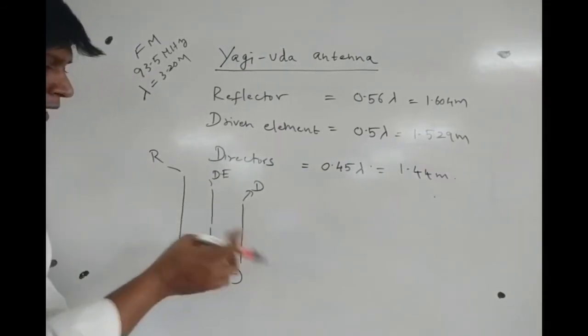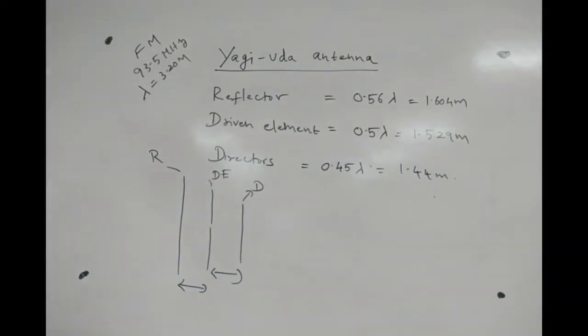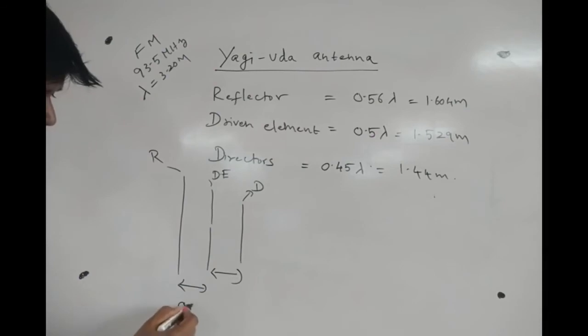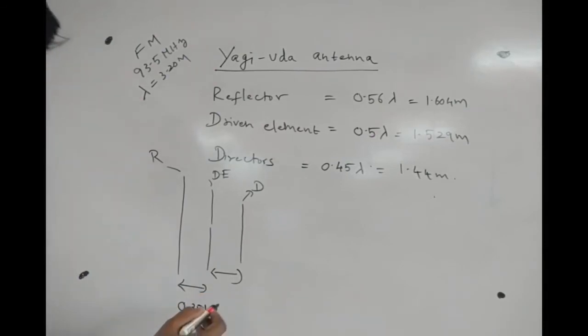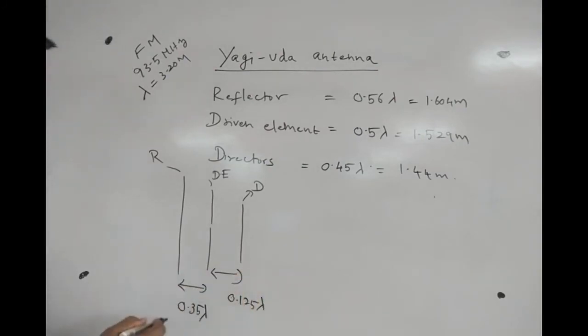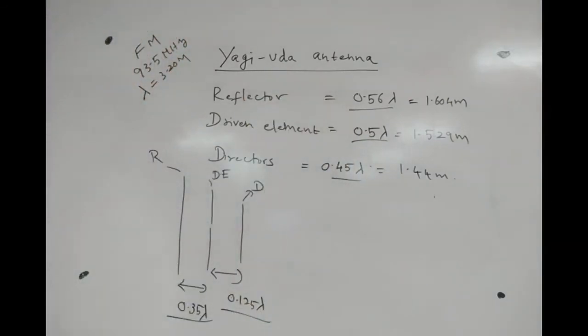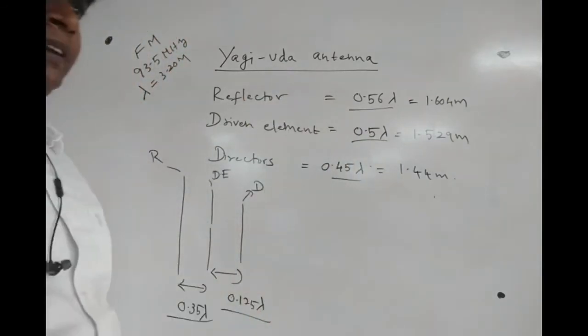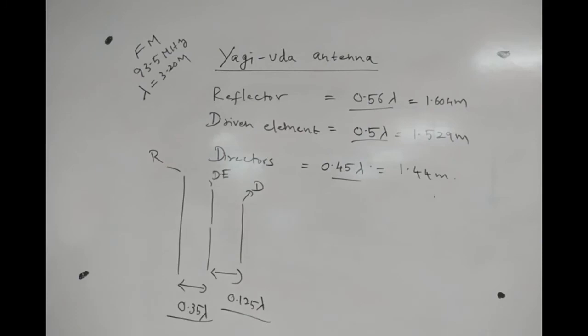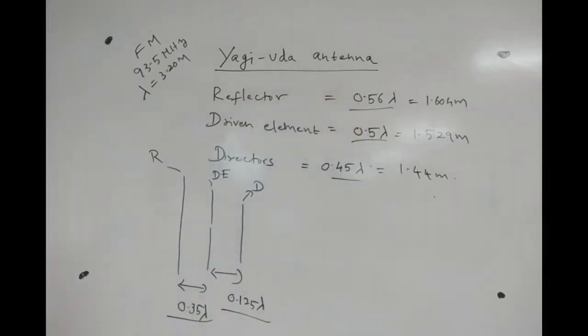the spacing between reflector and driven element, and the spacing between driven element and the director. So this would be equal to 0.35 lambda, and this would be 0.125 lambda. Okay, 0.125 lambda. All these formulas you would have studied in your theory, and in different literatures you would find some difference in these formulas.